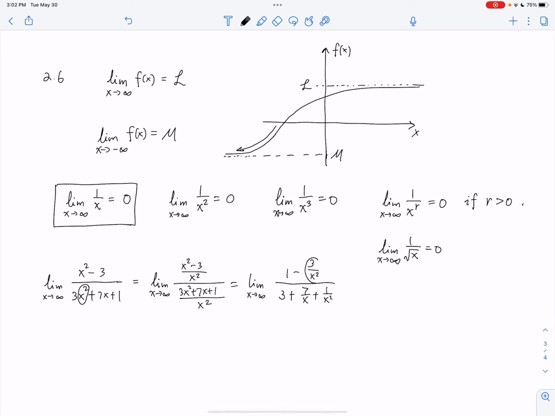The limit of this is equal to 0. Limit of this is equal to 0 because x is a huge number. So 7 over x will be 0. 1 over x squared will be 0. So at the end of the day, you just have 1 over 3. So it's 1/3 for this limit.